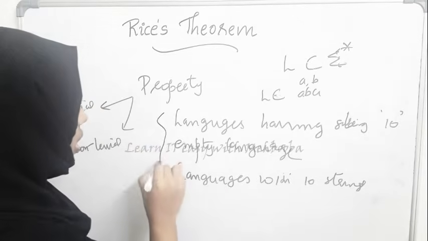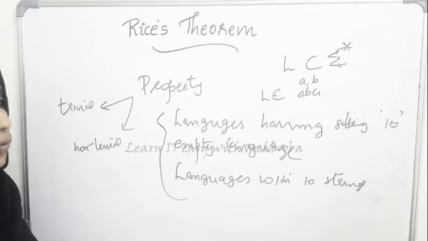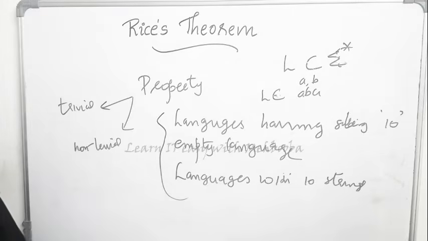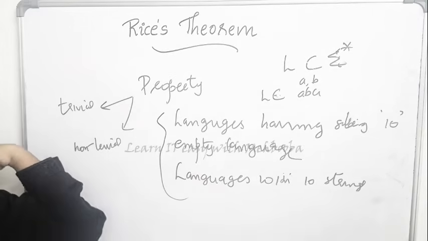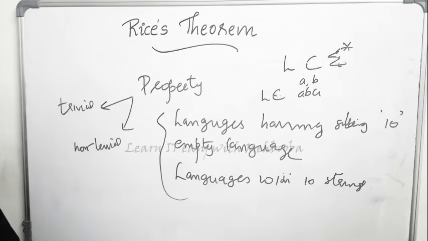So Rice's theorem deals with non-trivial properties. So the statement of Rice's theorem is, can you construct a Turing machine which takes a description of another machine and decides whether a language n has a property P or not?